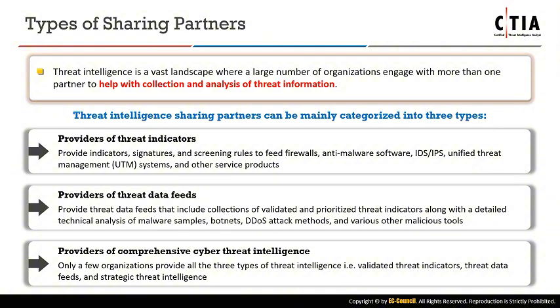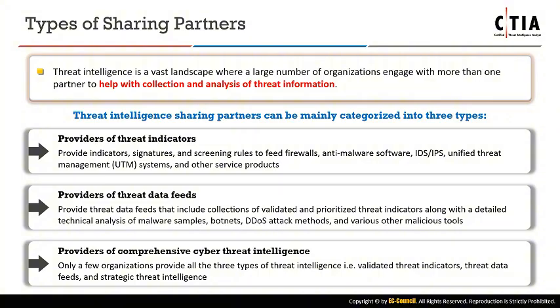The threat intelligence landscape is vast. Huge numbers of organizations engage with many different partners to help with collection of threat information. So first we look at providers of threat indicators. And what these do is provide signatures. Signatures for what?